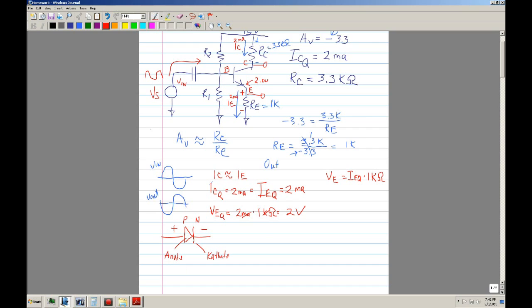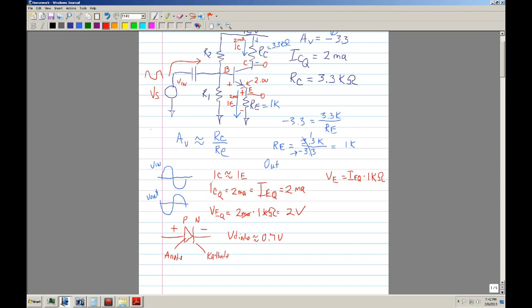To turn on a diode, there's VD. VD, the drop across the diode, is approximately 0.7 volts. So there's a diode right here. This is negative, this is positive, and it's a diode.